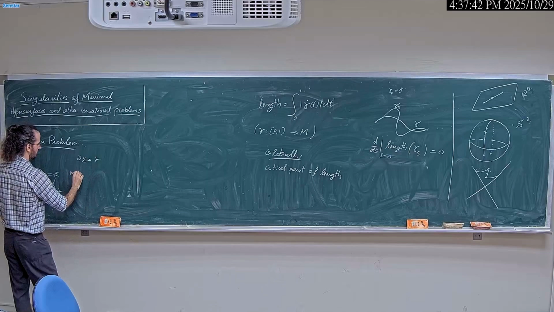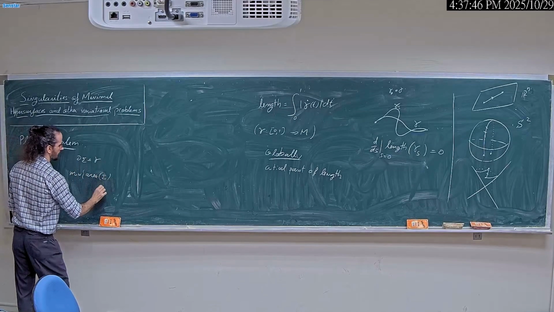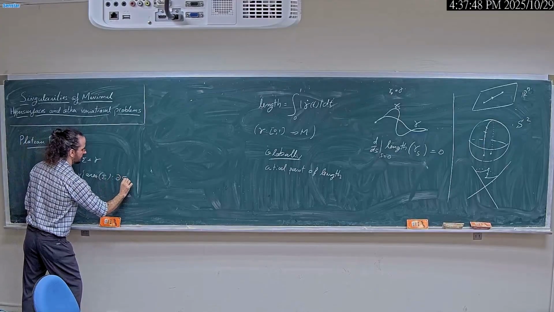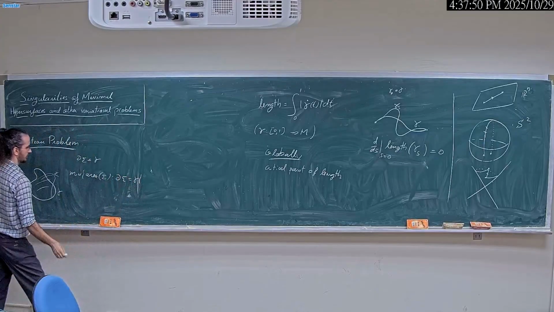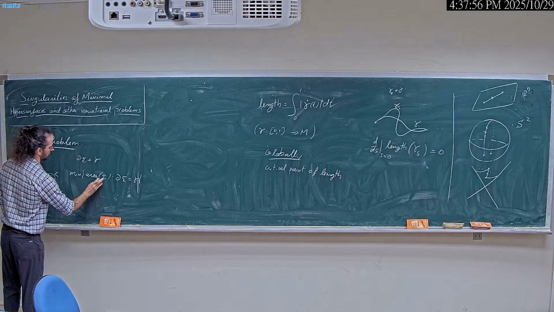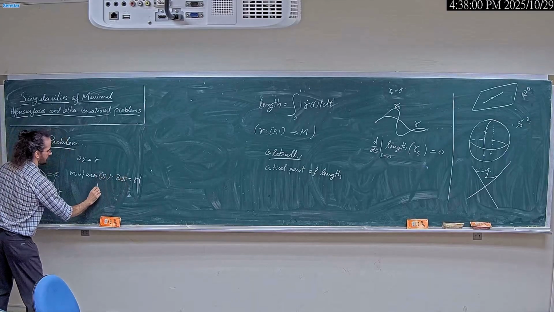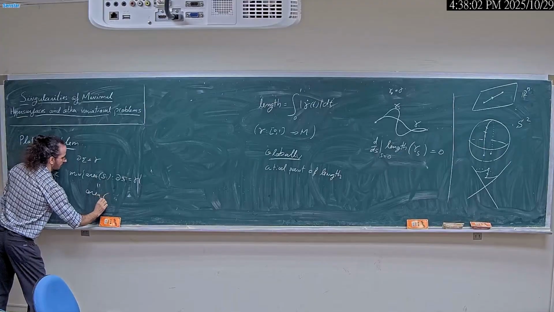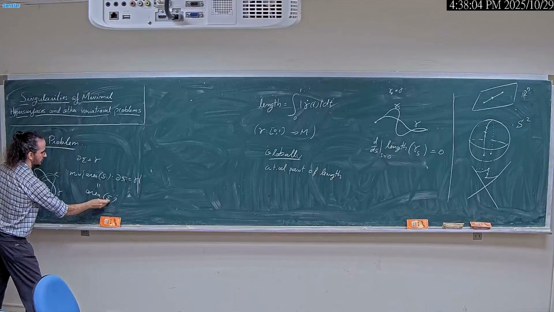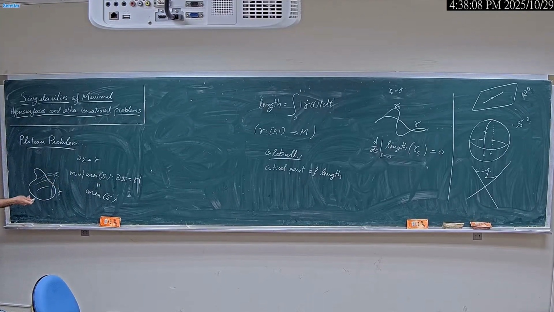And I'm trying to minimize the area of sigma with this fixed boundary. This is called the Plateau problem. Finding a surface whose area is the least among all surfaces with this fixed boundary.